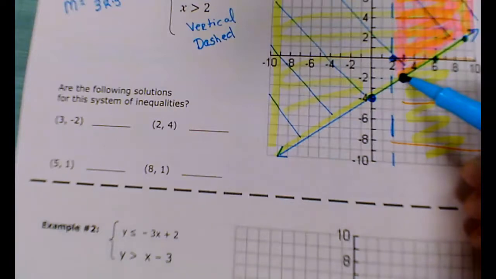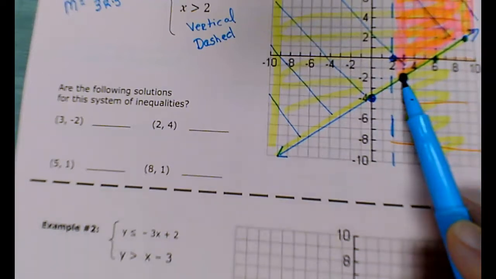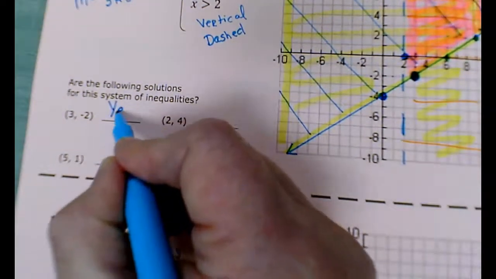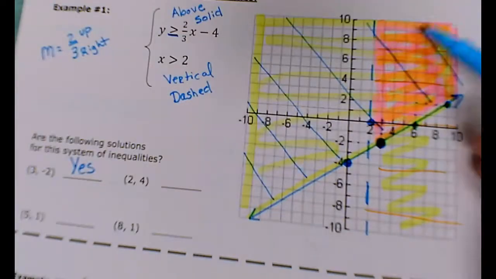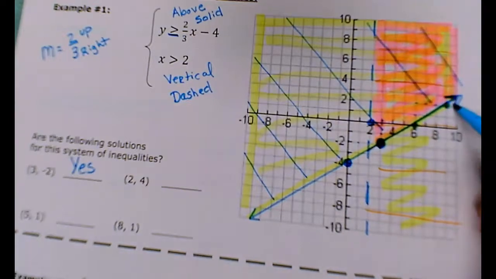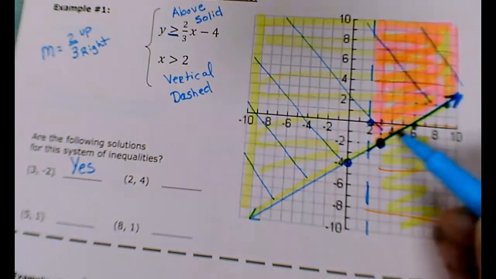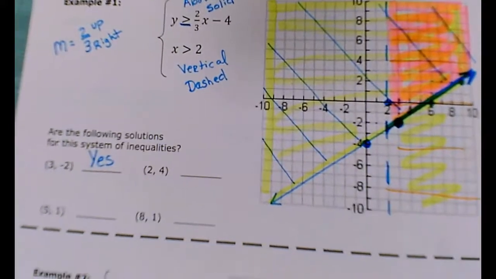Solid means that point is included. This point right here is on the solid line. And so, yes, this is part of the solution. All of the points in this part right here and the part on this part of the line from here up are part of the solution.